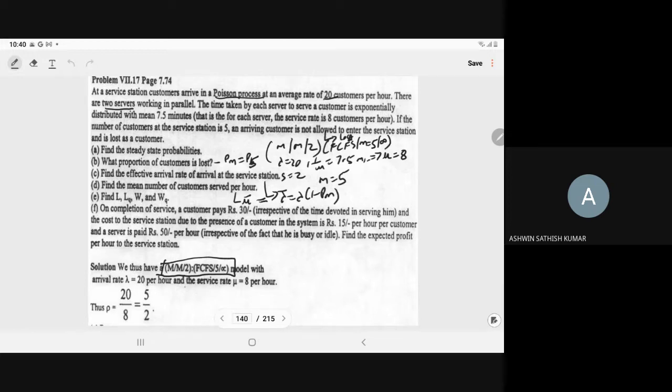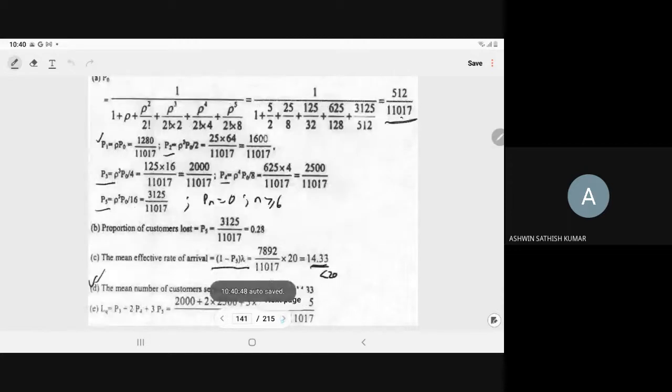Then in the E part we have to compute L, LQ, W and WQ. So we know LQ is the summation of n minus s into Pn, where the summation starts from n equal to s to infinity.